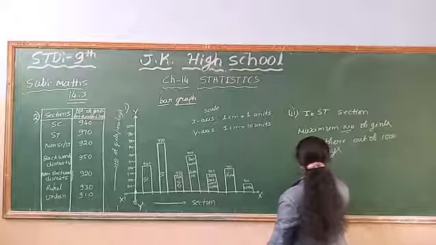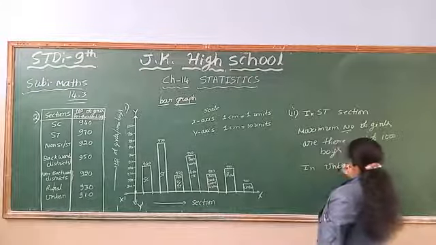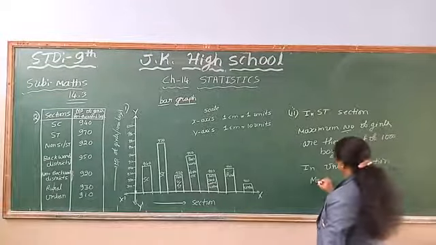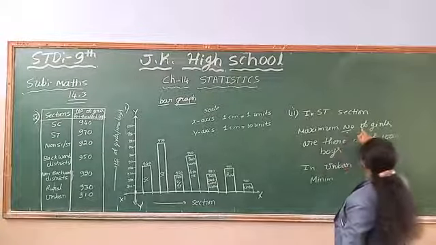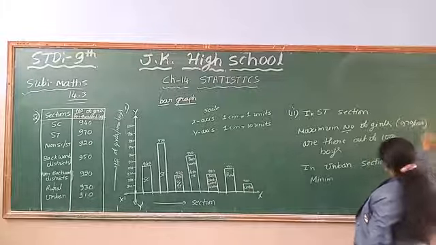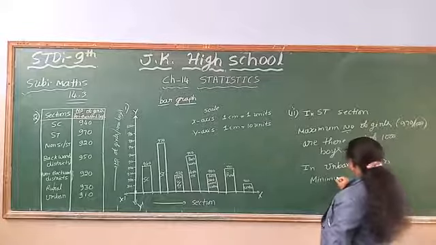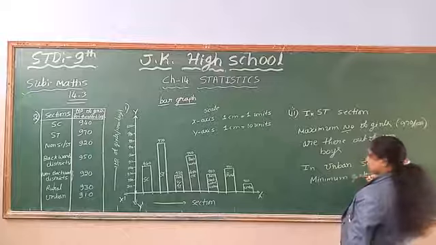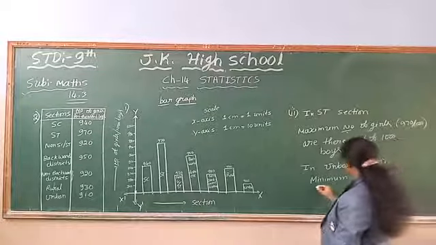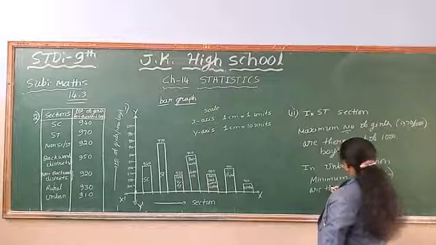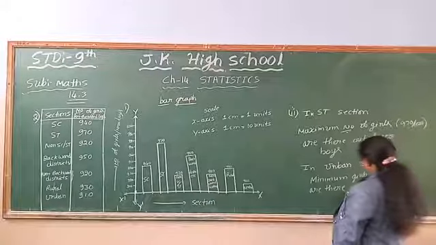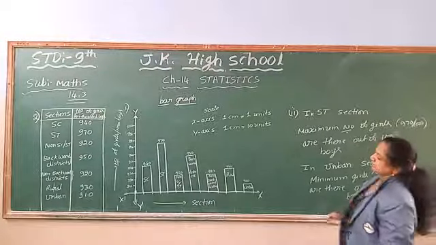And in the urban section, the minimum number of girls, that is 910 out of 1000 boys.